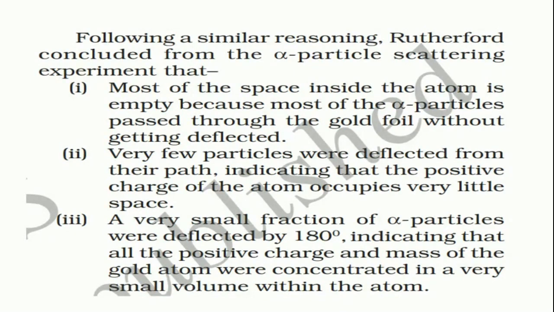A very small fraction of the alpha particles were deflected by 180 degrees, indicating that all the positive charge and the mass of the atom were concentrated in a very small volume within the atom. Only some of them were able to hit the region where the positive charge and the mass of the atom were present.